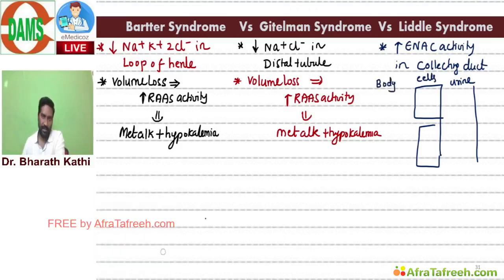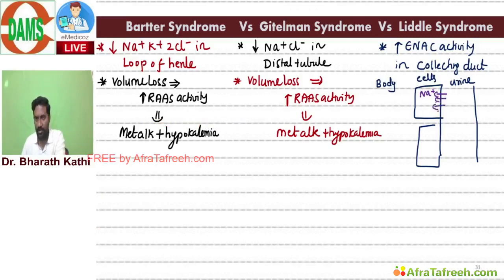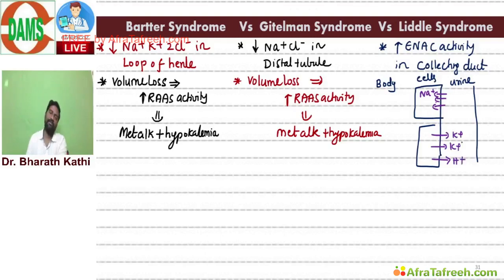Normally in the collecting duct, if 3 sodium are coming into the body from the urine, 2 K plus and 1 H plus will go into the urine. This is the normal phenomenon happening in the kidney.